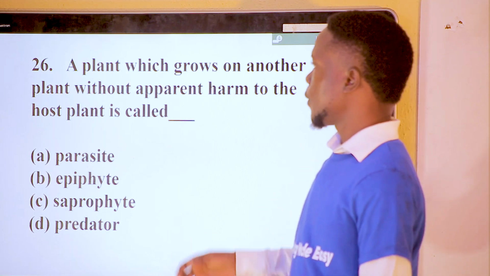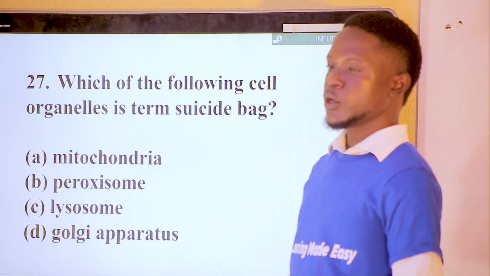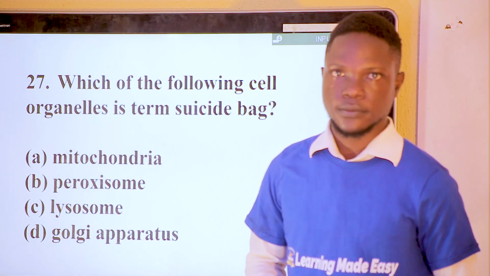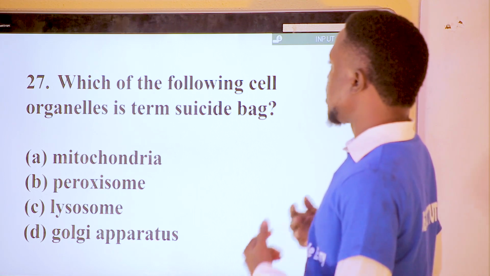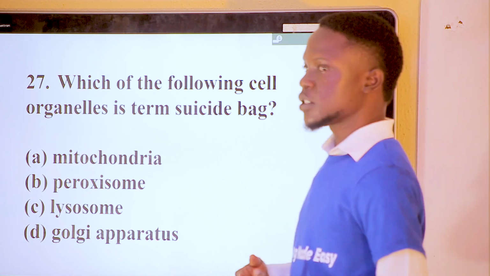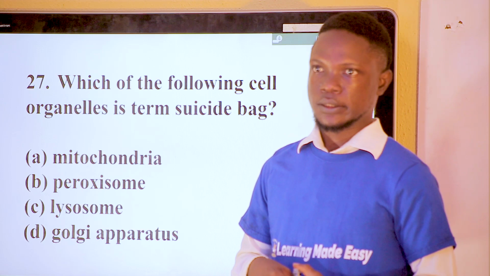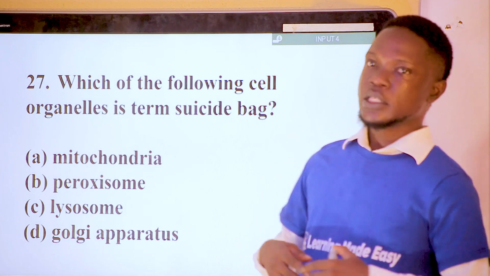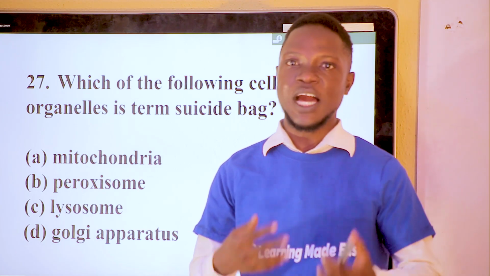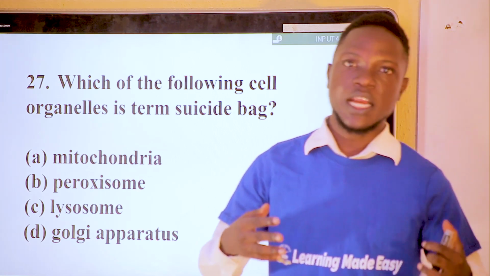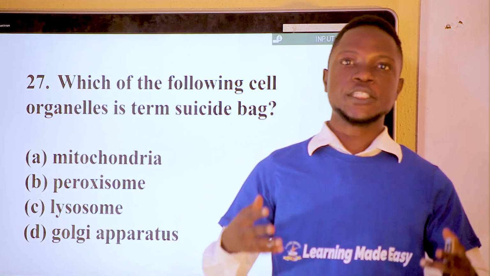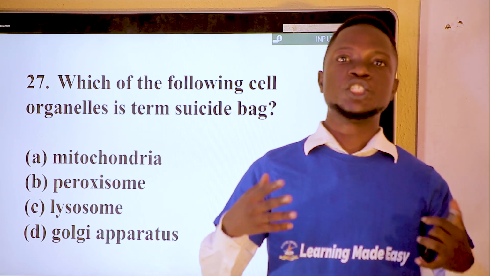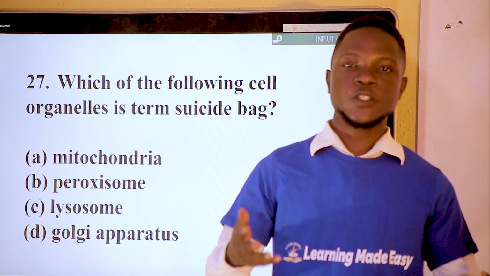Okay? Next question. Question number 27. Which of the following cell organelles is termed the suicide bag? Now, there is a group of organelles in the cell that are termed suicide bags because they are responsible for the destruction or the death of cells.